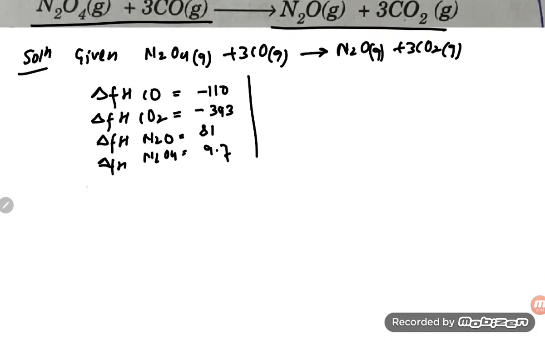So the enthalpy of reaction formula: delta RH, the enthalpy of reaction, is the sum of enthalpy of formation of products minus the sum of enthalpy of formation of reactants. These things you have to write.